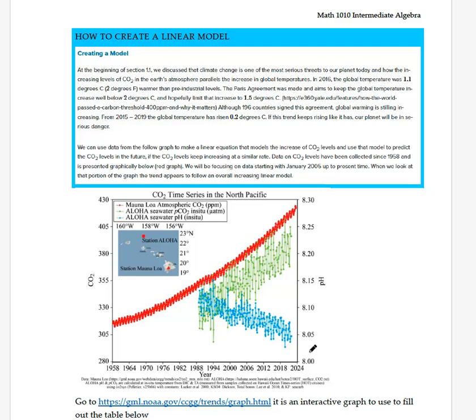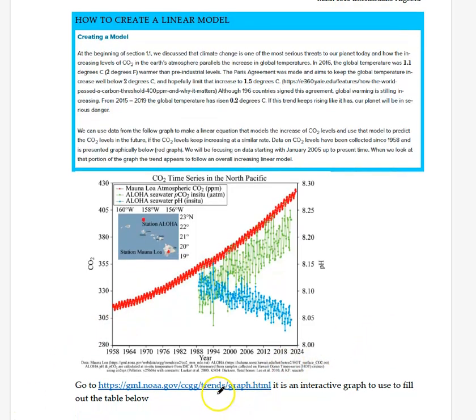We were talking about the carbon dioxide in the atmosphere as well as the carbon dioxide in the water, and how that carbon dioxide in the water is making our oceans more acidic. And so that's kind of what we learned about this graph in there. Well, with this, we're able to actually do a lot.